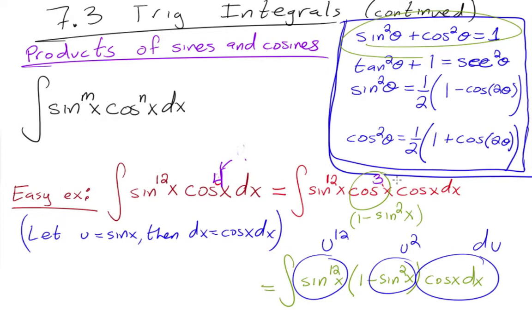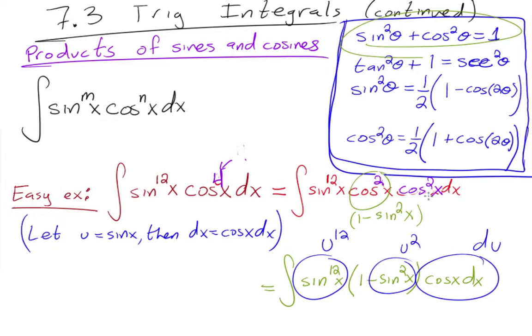So then you might say, okay, well then scratch that. Let's say I get rid of this cosine and just leave it as cosine. Let's say cosine squared times cosine squared, right? And let's say you change both of these to 1 minus sine squared. Would that be a good idea? What would you have? If you change both of those to 1 minus sine squared, you would have a lot of stuff.